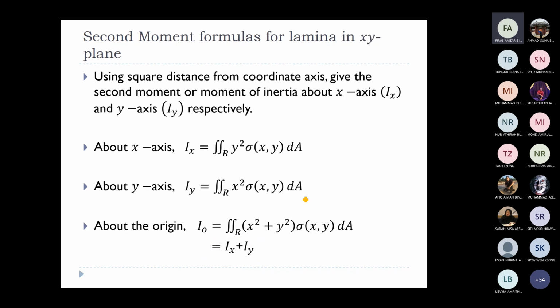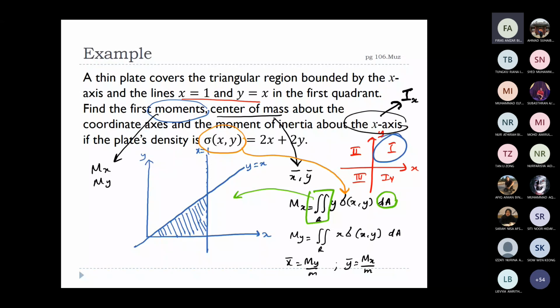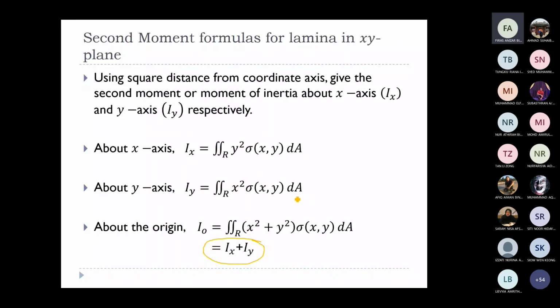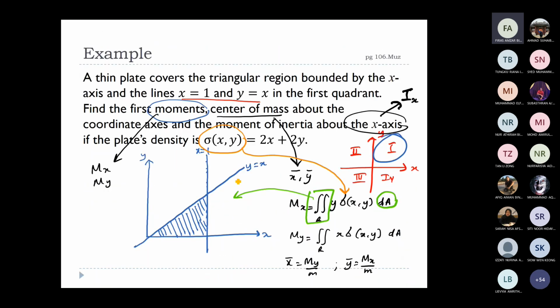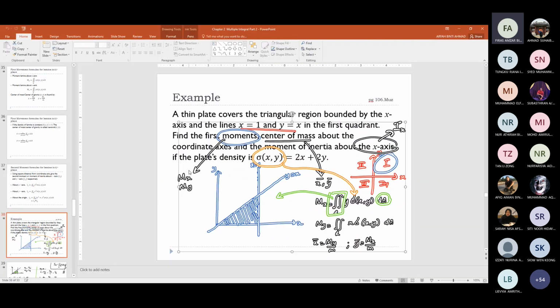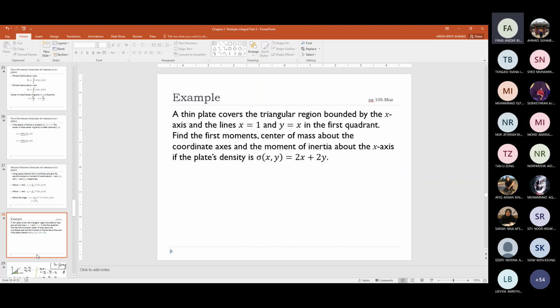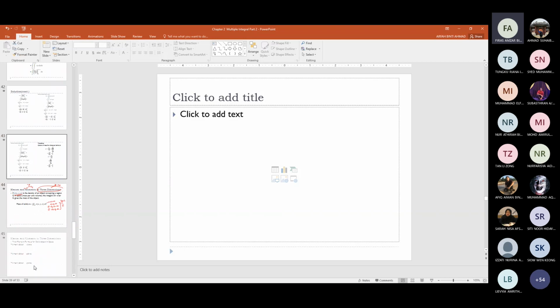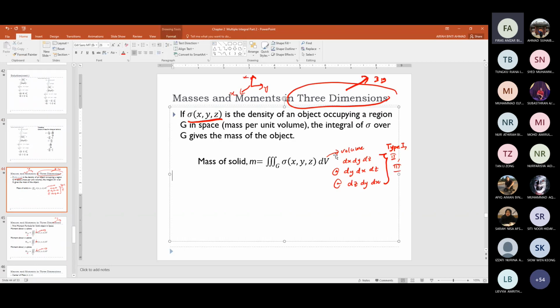So kita akan tengok example how we are going to find the mass, the inertia and everything for a given case. So let's say for example, kita ada this soalan. So let's see how we are going to solve this question.